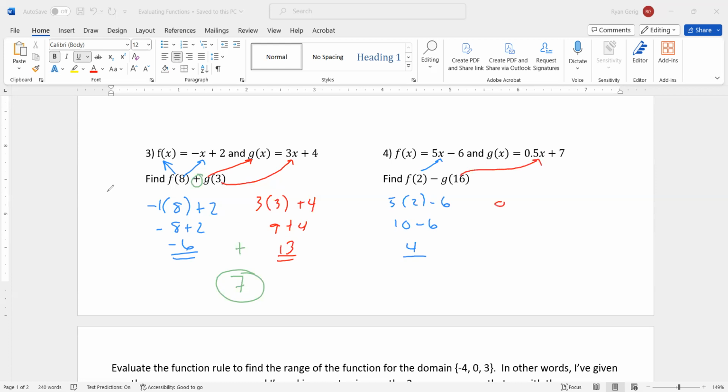Okay. So 0.5 times 16 plus 7. 0.5 times 16 is 8 plus 7 is 15. And then what do I do with those two things? I subtract them. So 4 minus 15 is negative 11. We're all done.